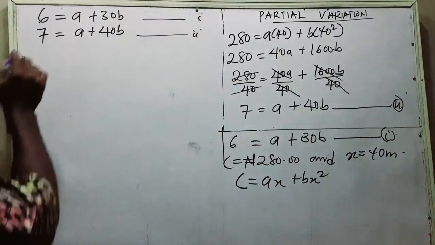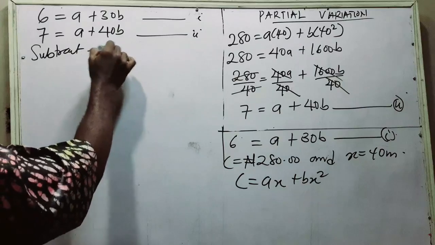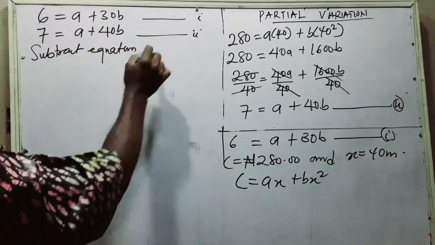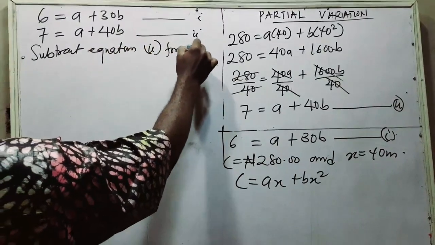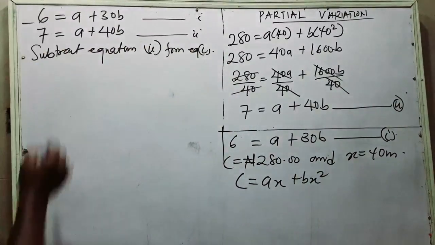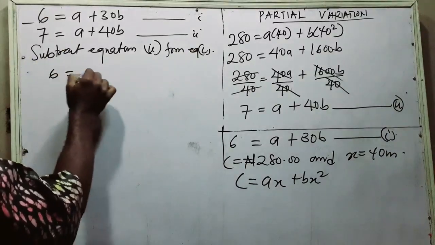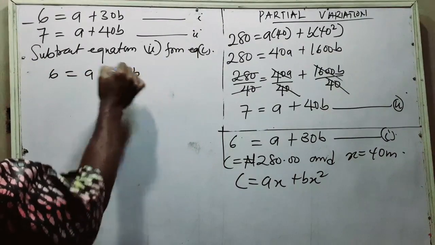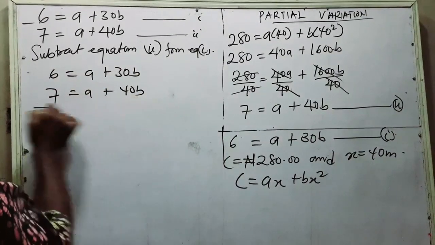Let's do something: subtract equation 2 from equation 1. So by putting it like this, we have 6 is equal to a plus 30b, and 7 is equal to a plus 40b.